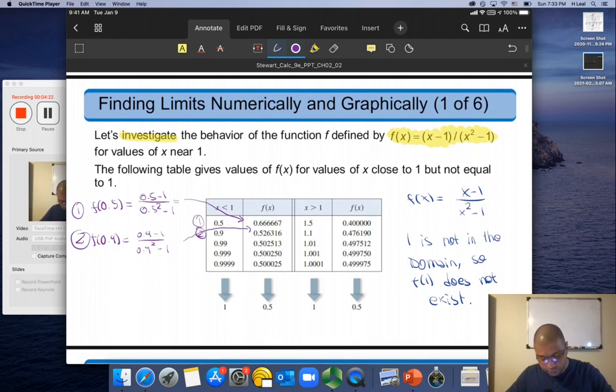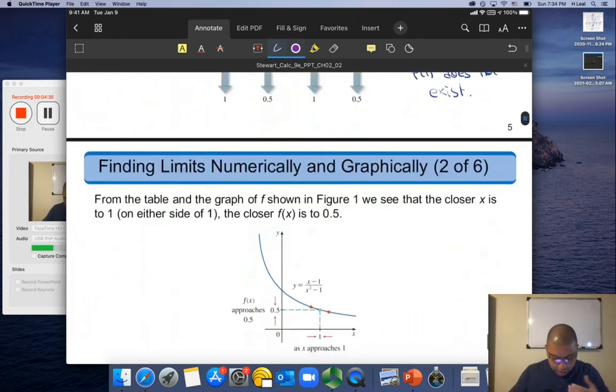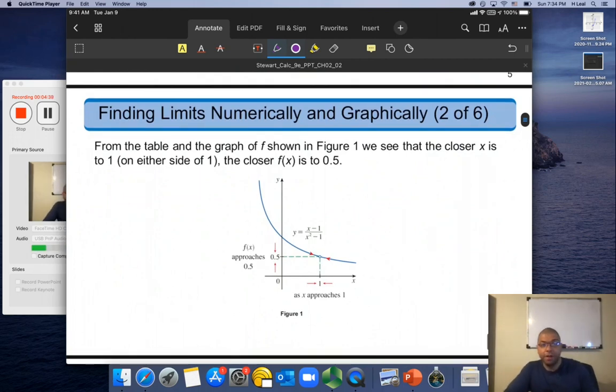Here I could do 1.1, 1.01, 1.001, closer and closer to 1 still. I still get outputs of my function closer and closer to 0.5. So how do I express this? If you represent this graphically, you can see that at 1 there's a little hole in my graph, and this hole happens at 0.5.